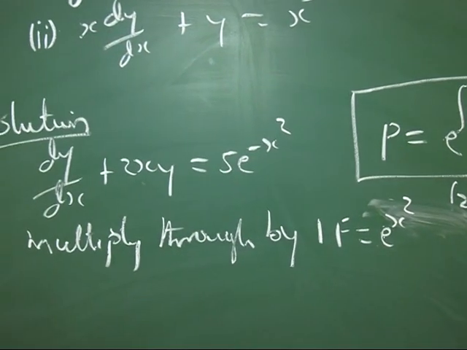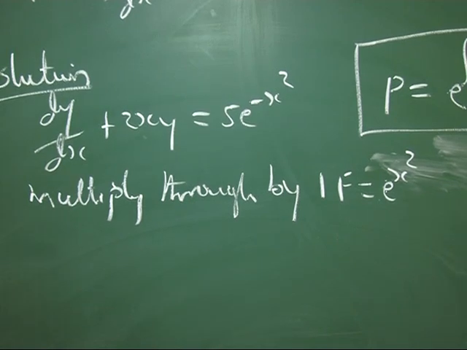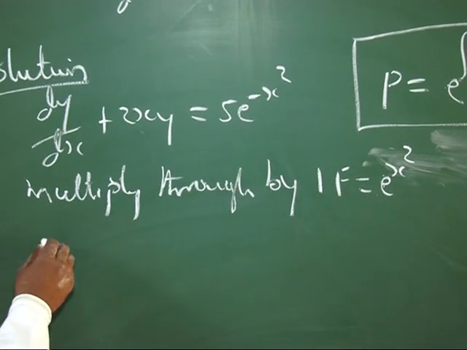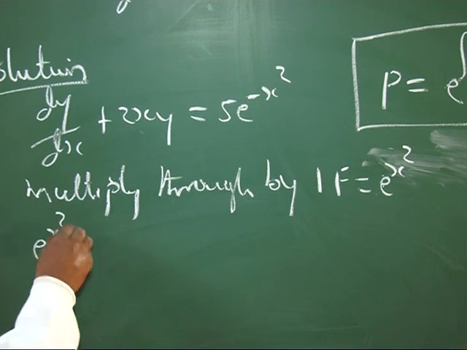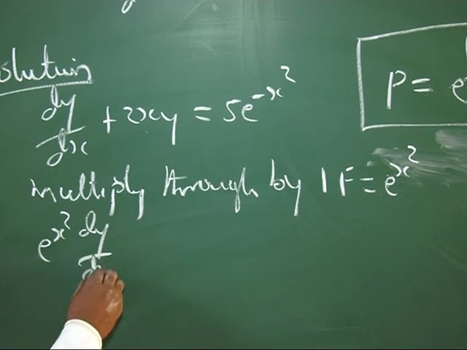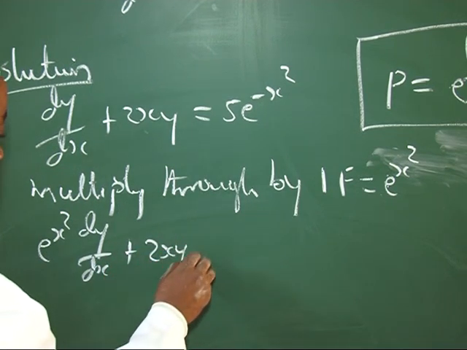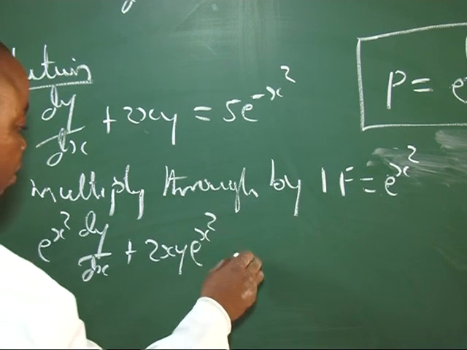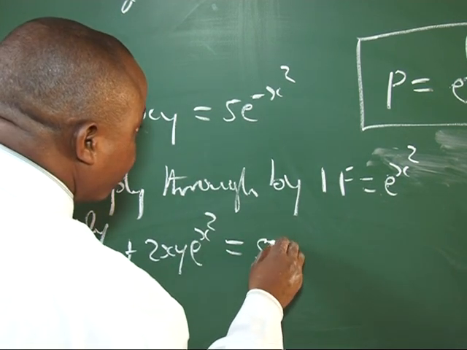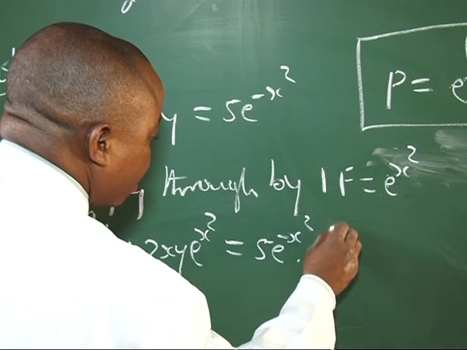So if we multiply this through, we will have exponential x squared dy/dx plus 2xy exponential x squared is equal to 5 exponential minus x squared times exponential x squared.